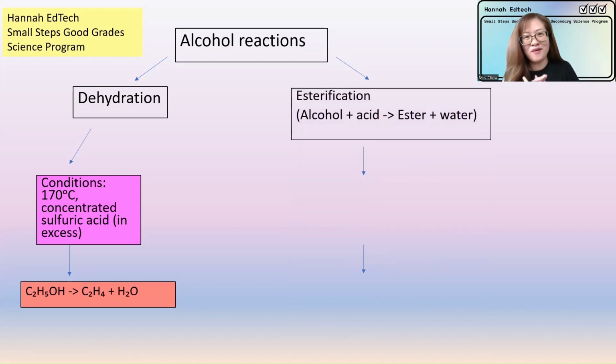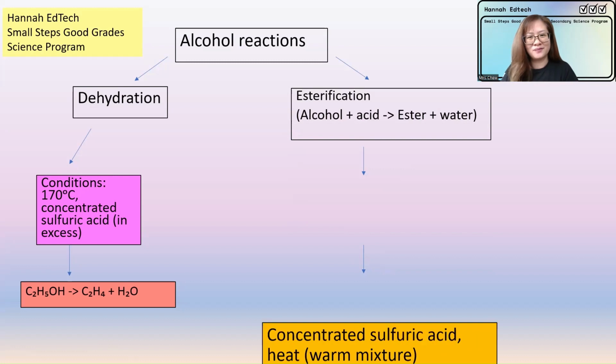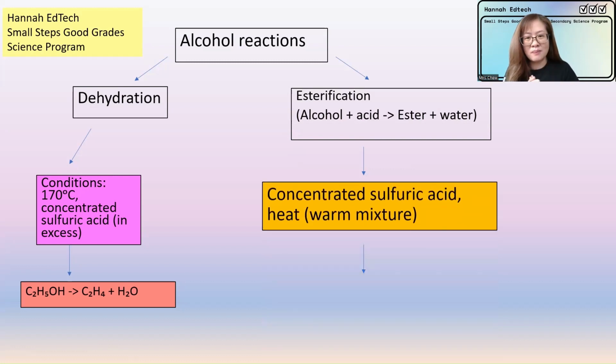The other reaction will be esterification, where you use the acid plus alcohol, you'll get ester and water. The conditions will be concentrated sulfuric acid, and we have to heat it to warm the mixture. Now, do take note for these two conditions, both use concentrated sulfuric acid.